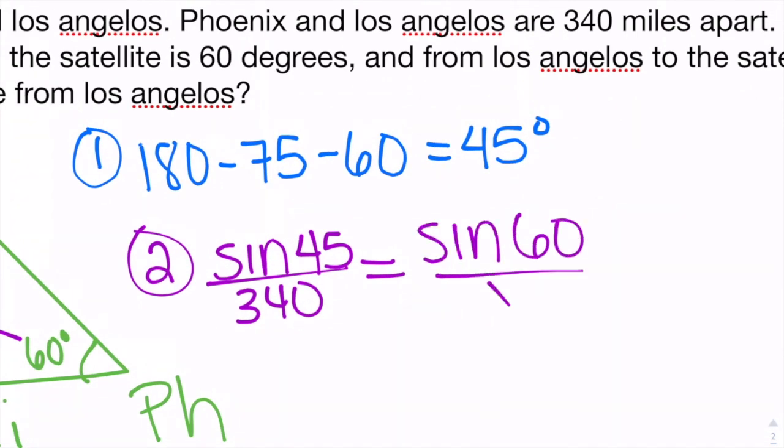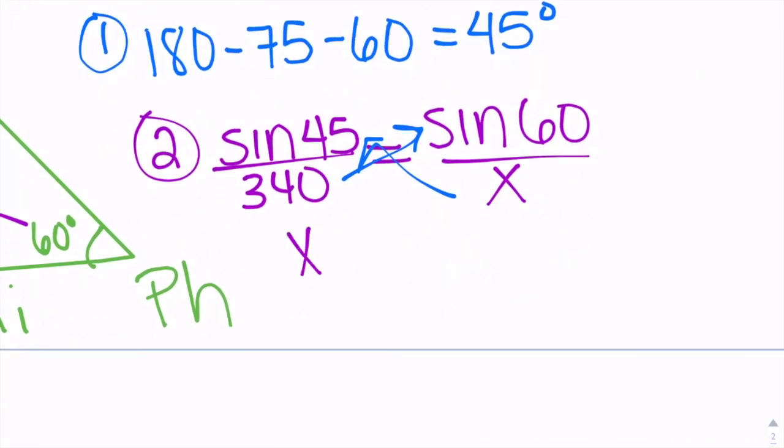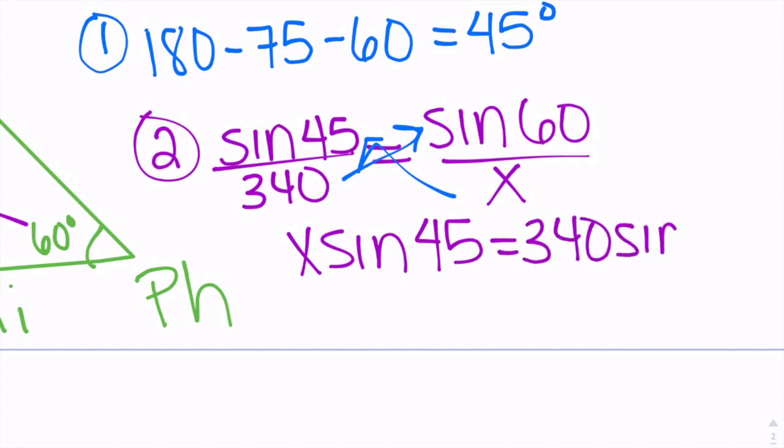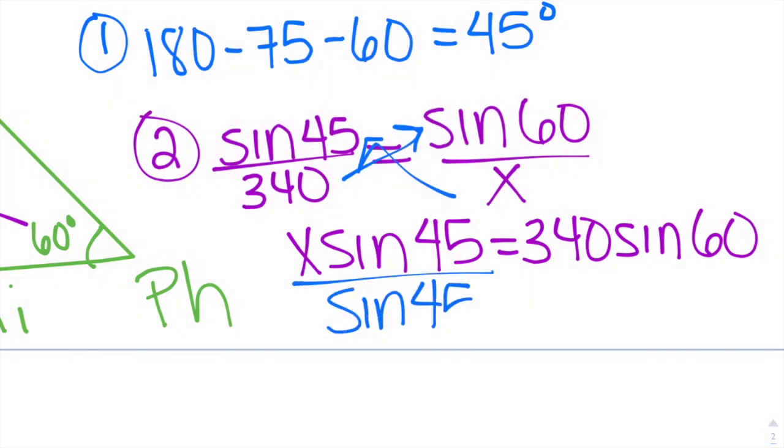So sine of 60 divided by the side we don't know, which is x. From here, we're going to cross multiply because it's a proportion. And so we get x times sine of 45 is equal to 340 times the sine of 60. We want to get x alone, so we divide each side by the sine of 45.